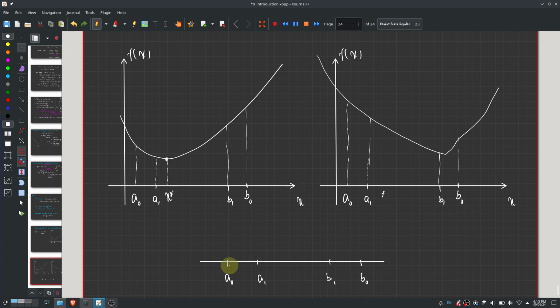Suppose that the minimum, the true minimum of this particular function, lies in the interval A0 to A1. Okay, maybe that would happen if I chose this over here. Again, remember that I can only evaluate the function at A0, A1, B1 and B0. So I have only 4 function values with me at this point.